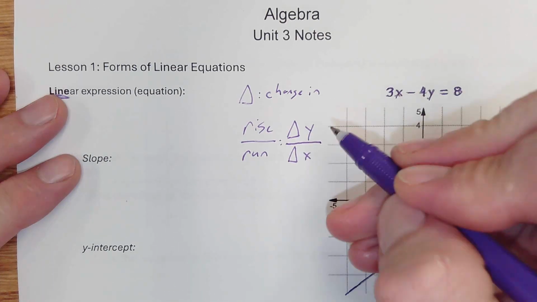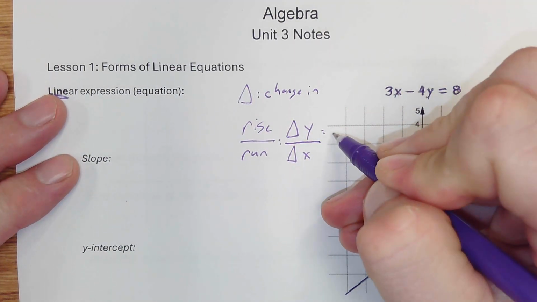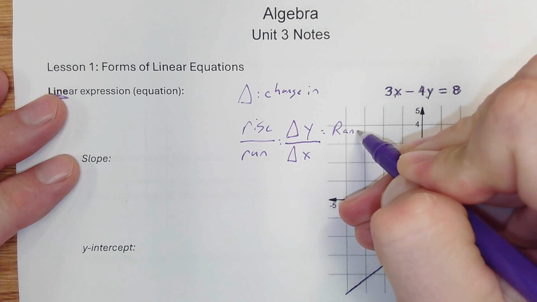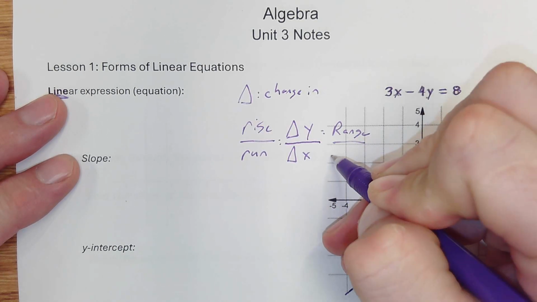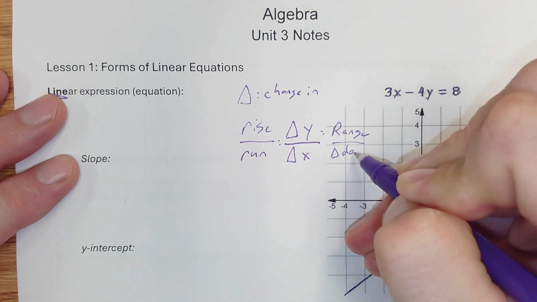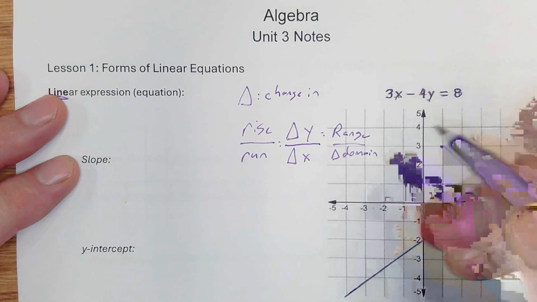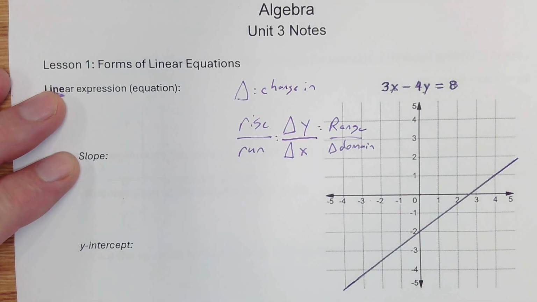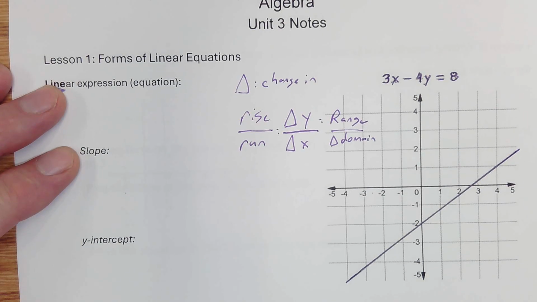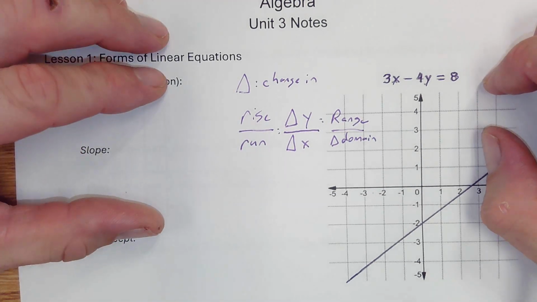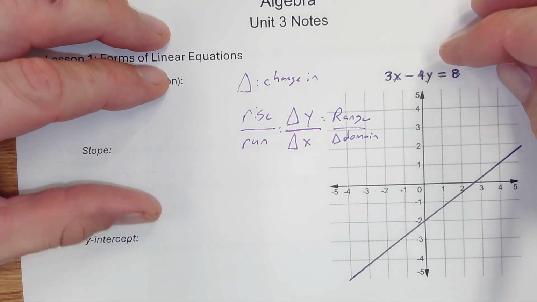Or the change in your range for the change in your domain, if you're just talking about a certain part of a line, okay? So your x value and your y value.